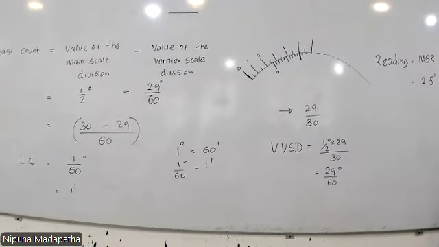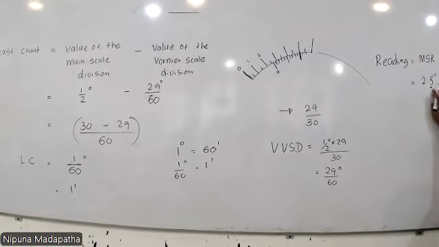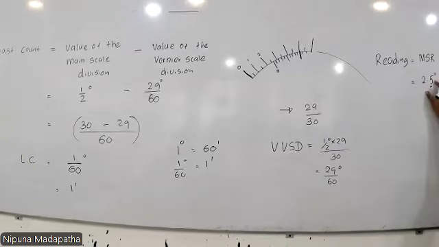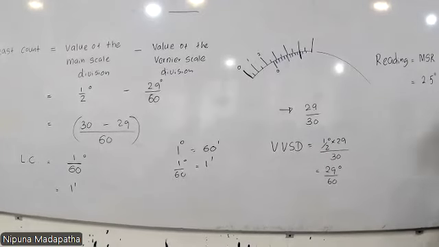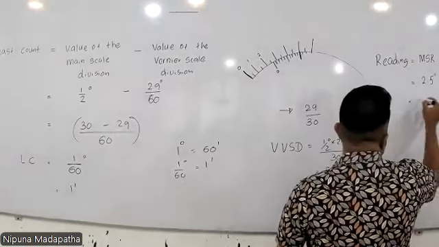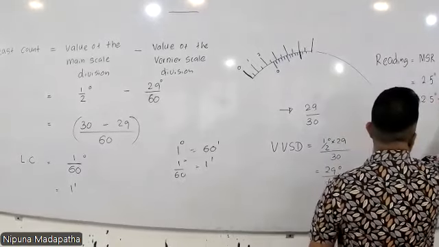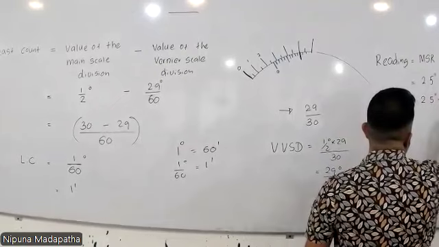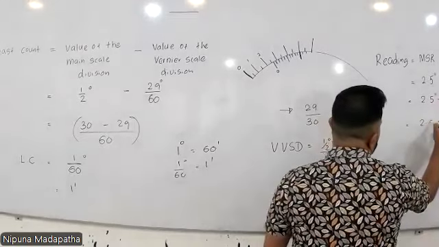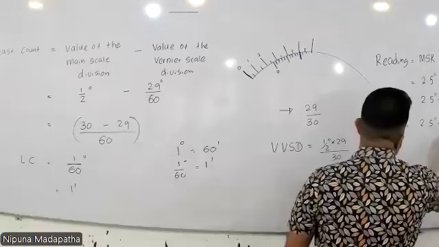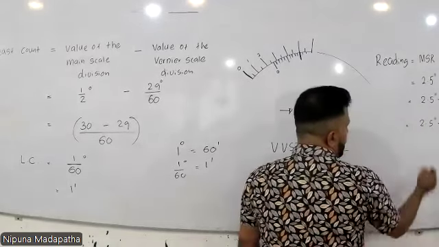You can't use minutes here because the main scale is written as degree values, so use degrees: 1/60 degrees. 2.5 plus 10 times 1/60, that is 10 divided by 60, which is 1/6 degrees. 1/6 degrees is 0.1666 degrees.